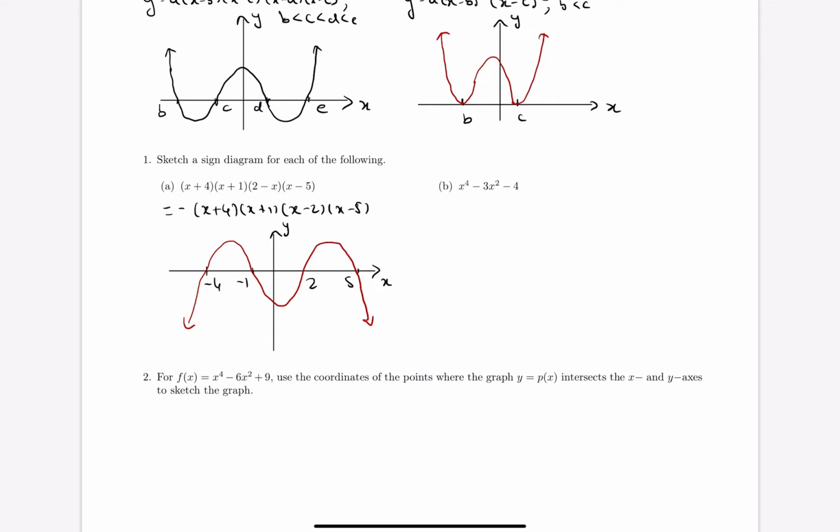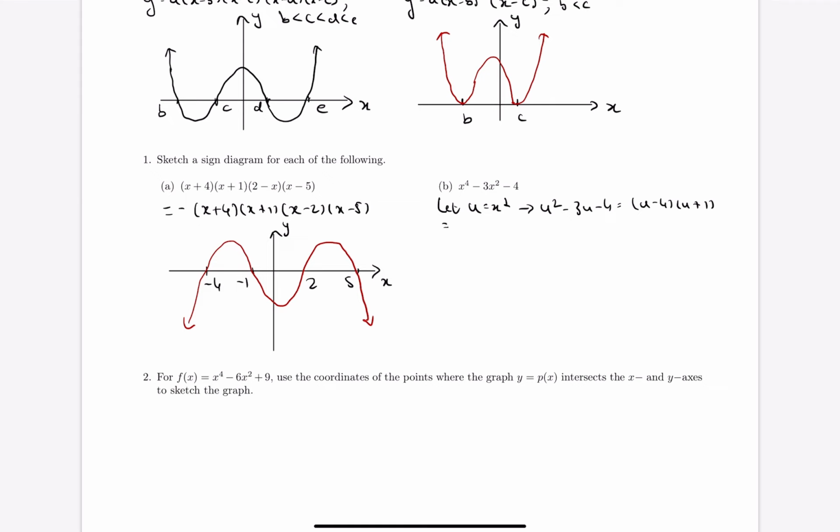This one's a little bit trickier, but there's a little trick you can use here. If you let u equal x squared, then you can turn the problem into a quadratic because you end up getting u squared minus 3u minus 4, which is the same as (u minus 4)(u plus 1). But remember, it's not u, it's x squared.